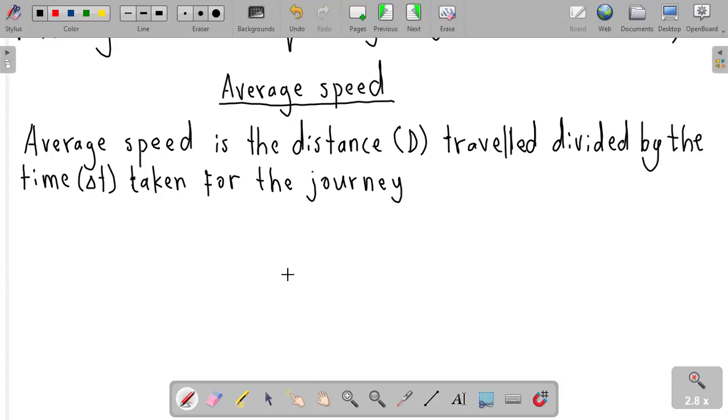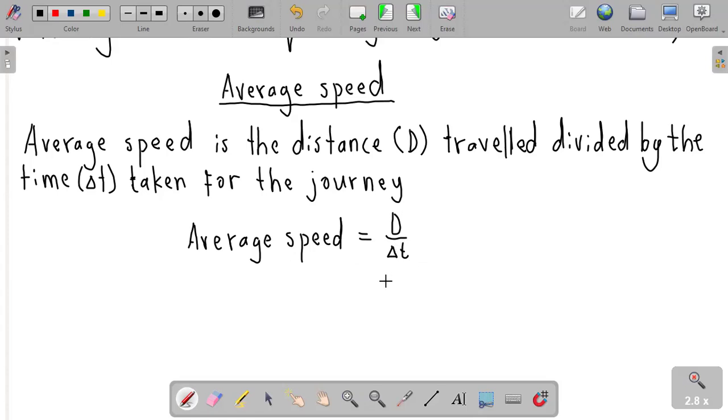Okay, so the formula is like this. We say average speed is equal to d over delta t.